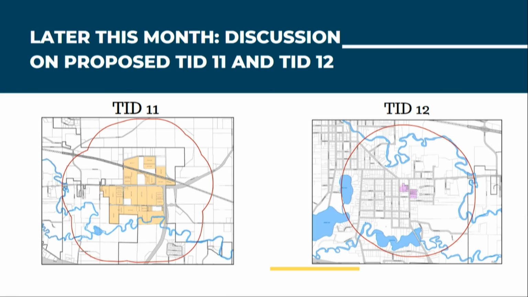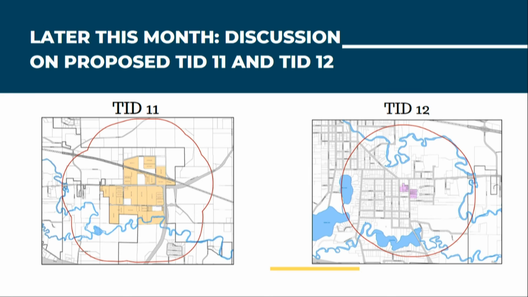And then this is really just the last slide. Later this month, or in 2 weeks at our next council meeting, we'll be having a discussion on these two TIDs. This is a map, and the circle you see around it is a half-mile radius. You can have expenditures within that half-mile from the boundaries of the TIDs. TID 11 is out in that River North area that we've been talking about. And TID 12, you can see, is a much smaller geographical area.